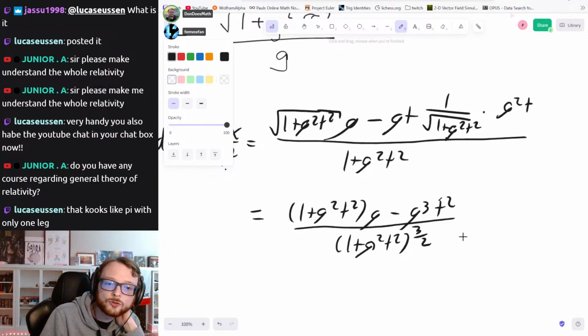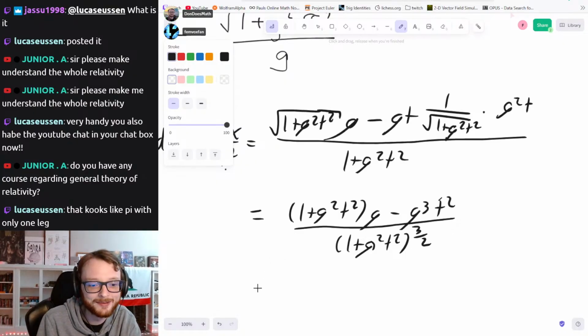We're going to get a cancellation in the numerator. Nice. I'm just verifying my work quickly before actually doing it. Yeah, I think it looks good.